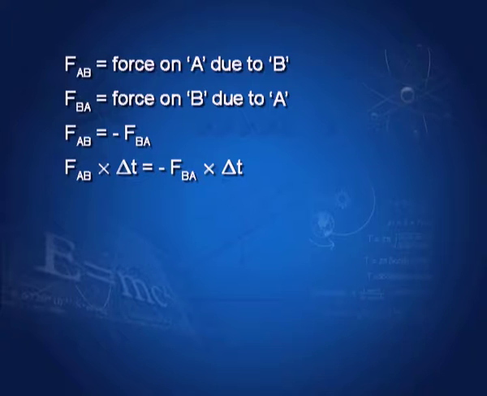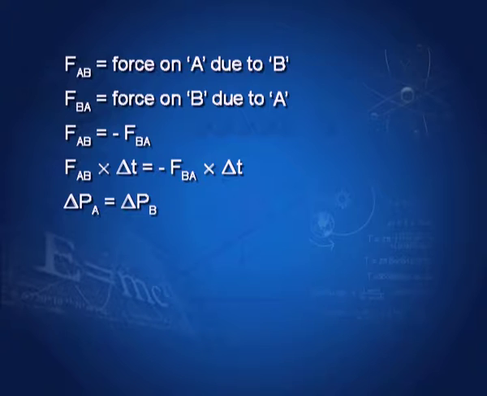According to Newton's second law, FAB into delta t is equal to the change in linear momentum. So, FAB into delta t equals delta PA and FBA into delta t equals delta PB.